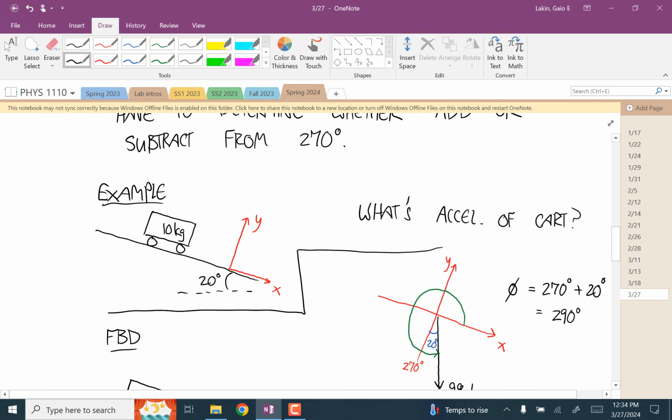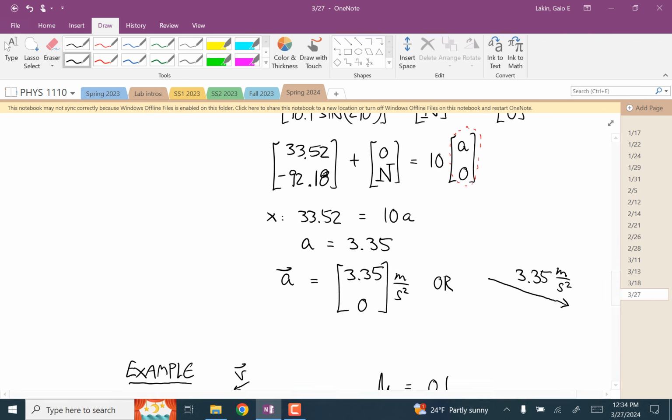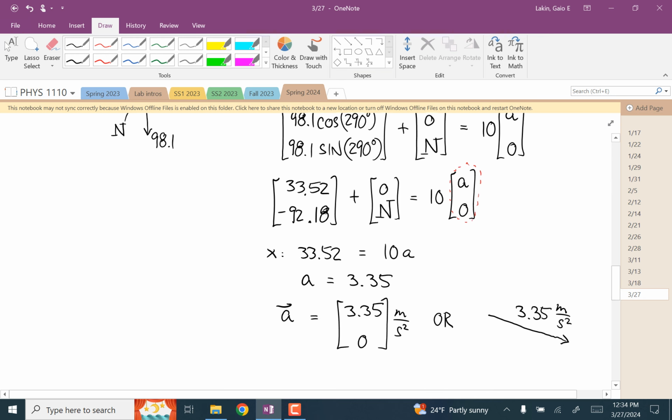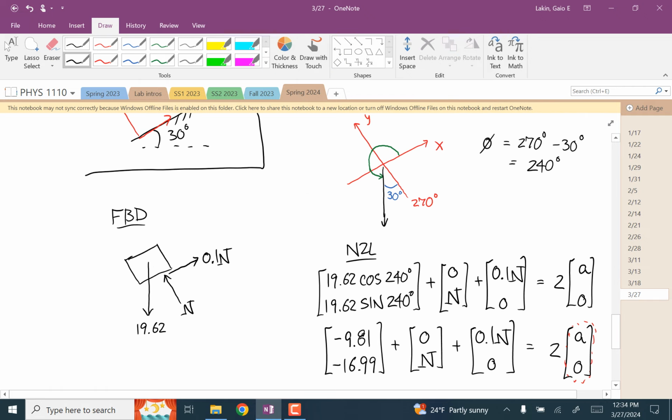If at this instant the thing was rolling up the ramp, the acceleration would be down the ramp at 3.35 and it would be slowing down. If at this instant it was rolling down the ramp, the acceleration is still down the ramp at 3.35 and it would be speeding up. It's different though when you have friction because the direction of that friction force depended on which way it was moving. Okay? So with these friction problems, you can always figure out whether it's slowing down or speeding up.